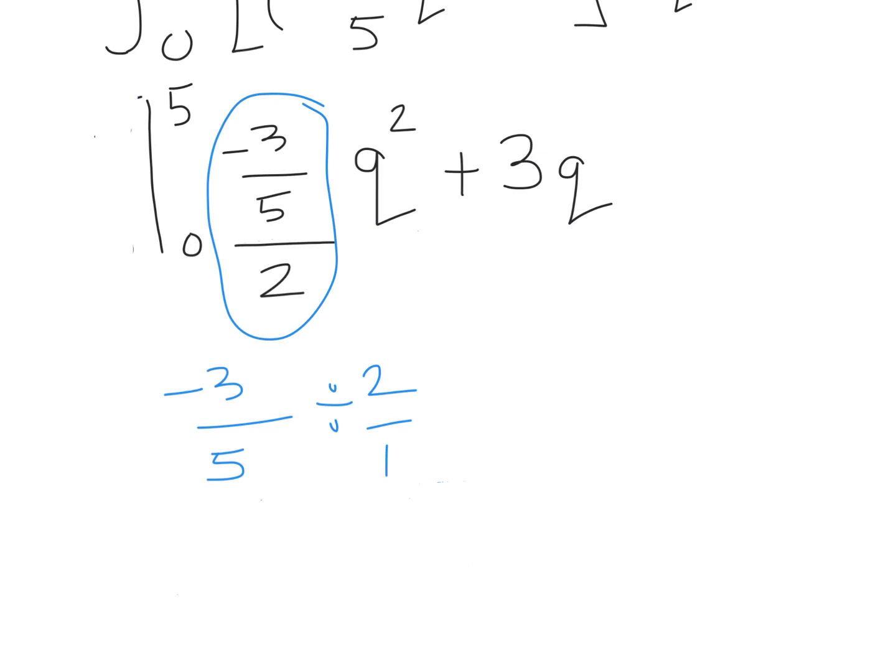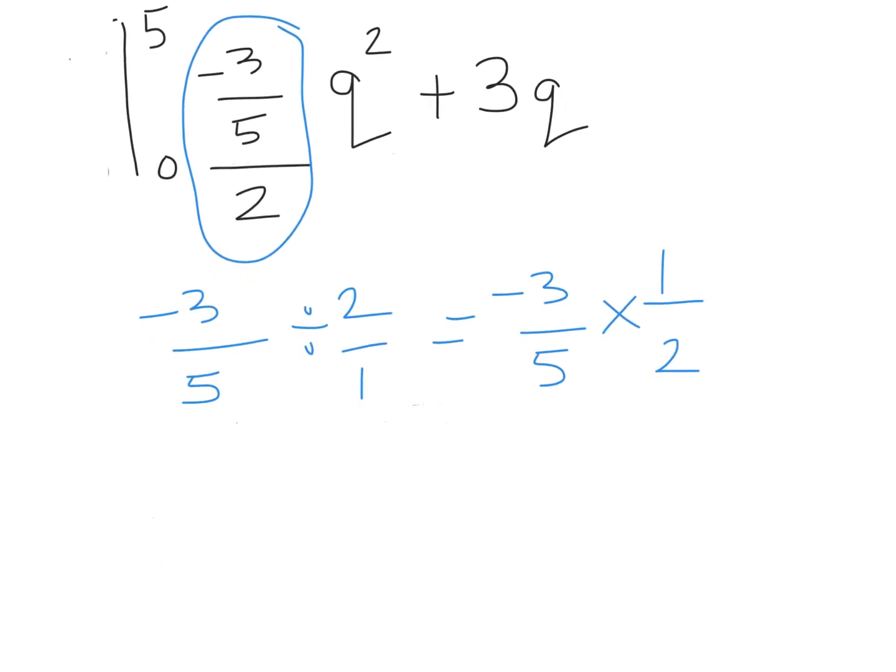Remember the invert and multiply? So that's the same as minus 3/5 times 1 over 2. Don't worry. Decimals. So that's minus 3 over 10. Because when we're multiplying, we multiply the numerator by the other numerator, and we multiply the denominator by the denominator. So multiply the tops, multiply the bottoms. Okay.